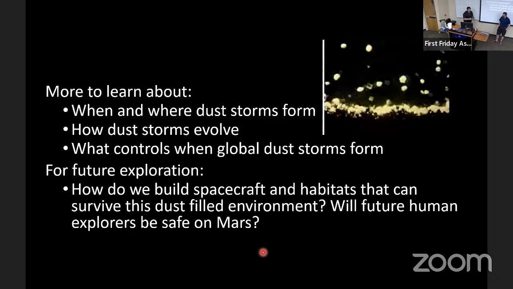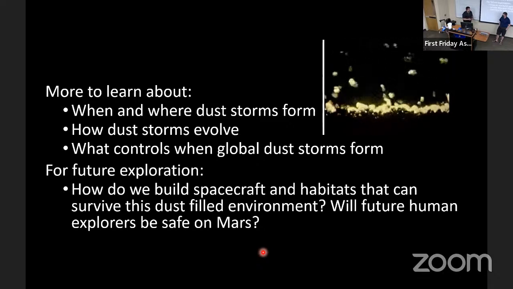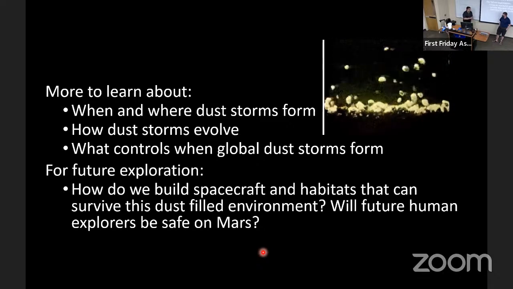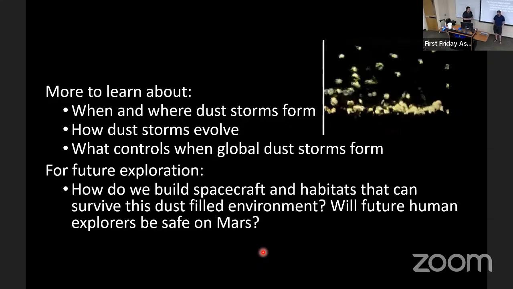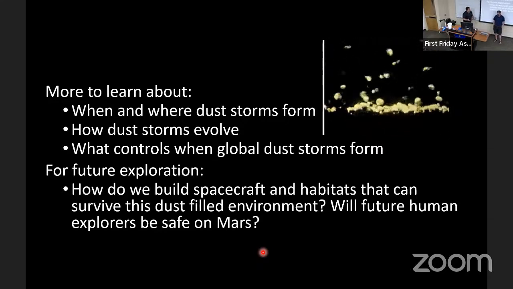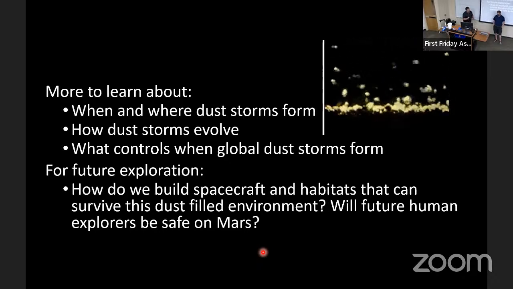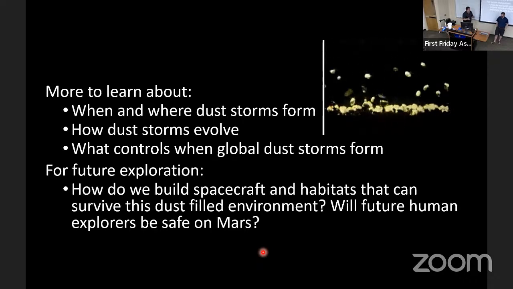What I saw there were phenomena that looked very similar to what we see on Mars. I'm not as familiar with what goes on in the Sahara and Gobi. It's not an area I've ever studied, but I feel like I can say there's a good chance that the fundamental physics are the same. The question will be which ones are more important. The other difference is on Earth, the rain and the water clouds end up scavenging a lot of the dust.